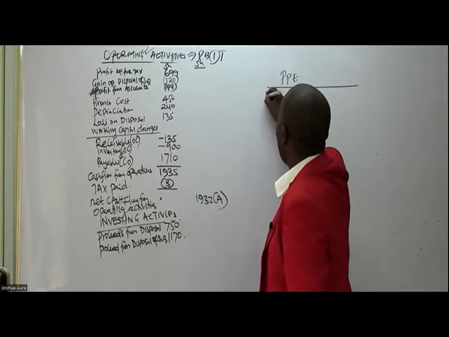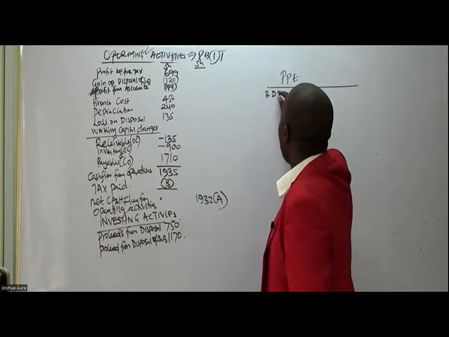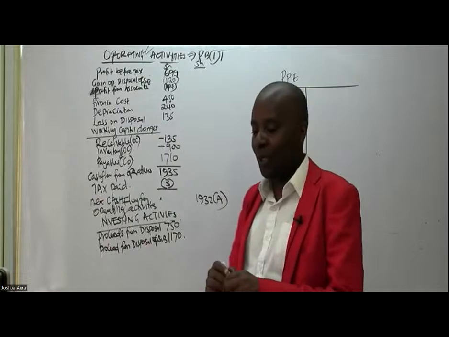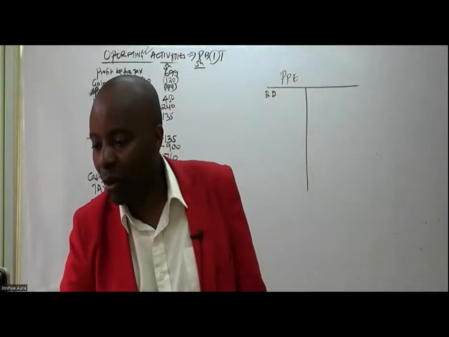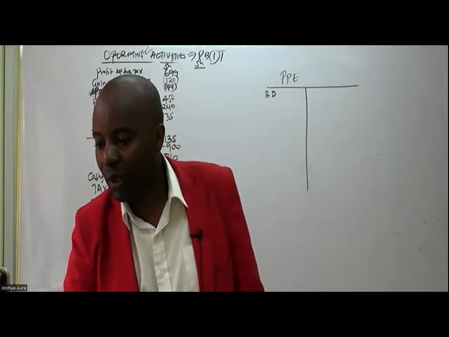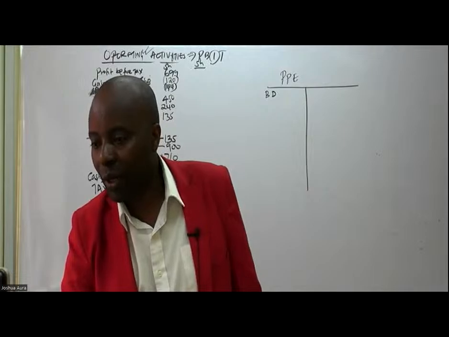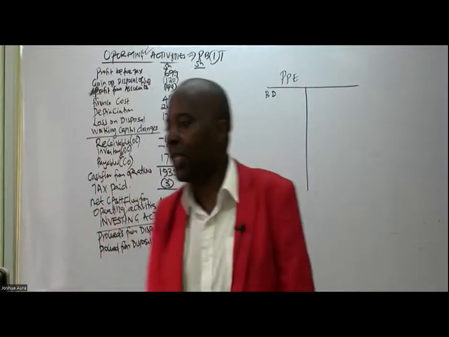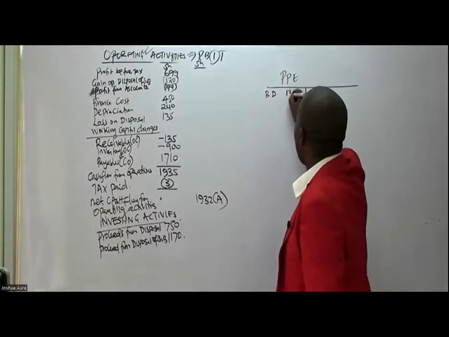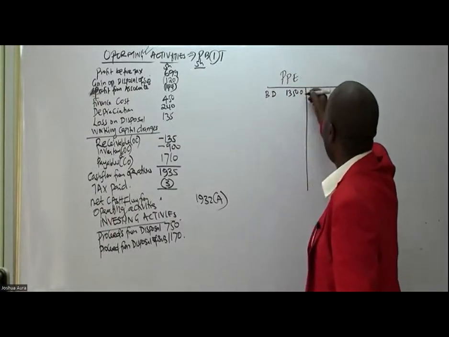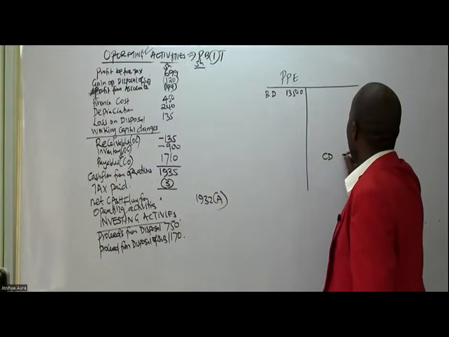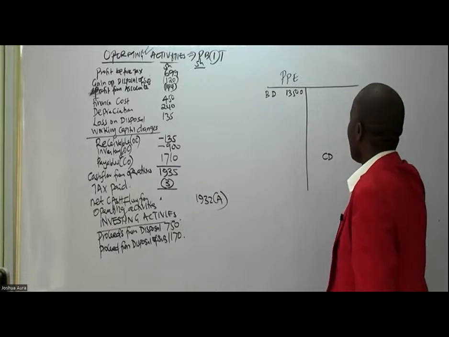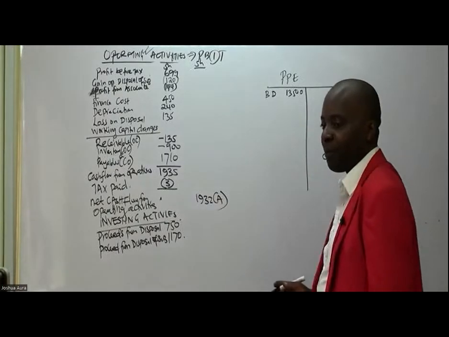So what do we have here as our brought down? We have PPE, that is 13,500, and then we have carried down is 18,000. It's an asset, so you have to start with a debit there.